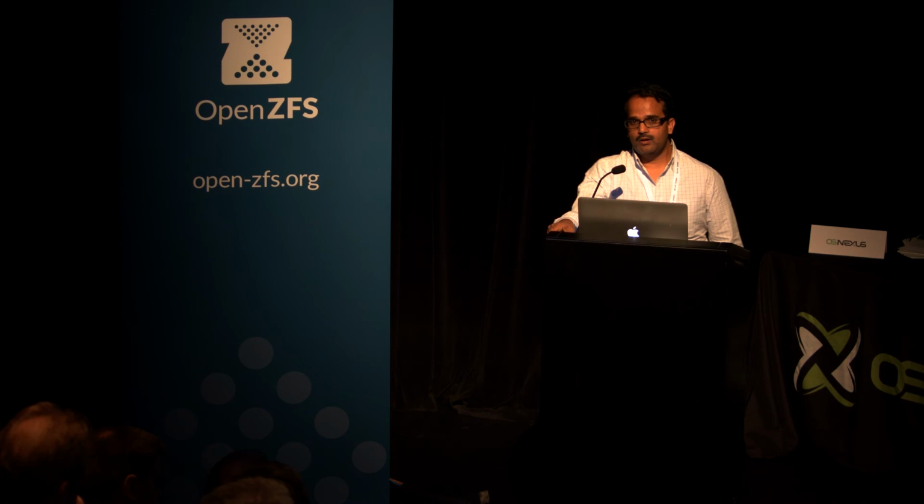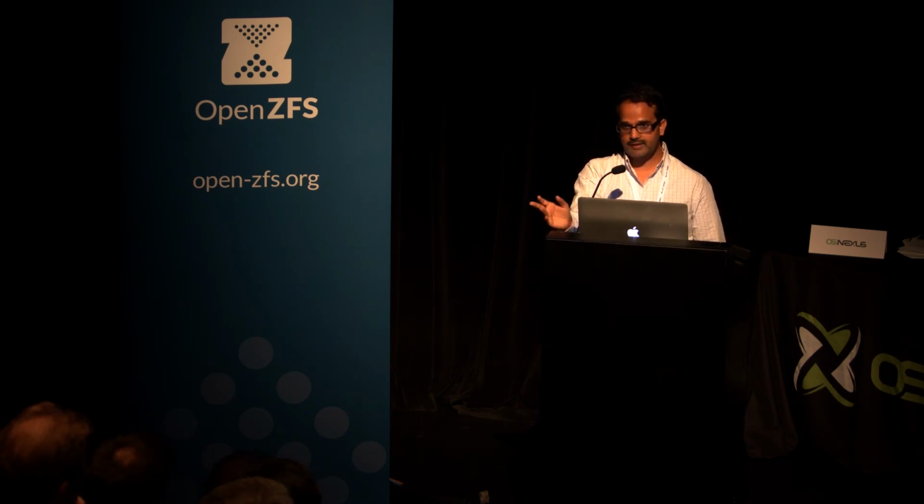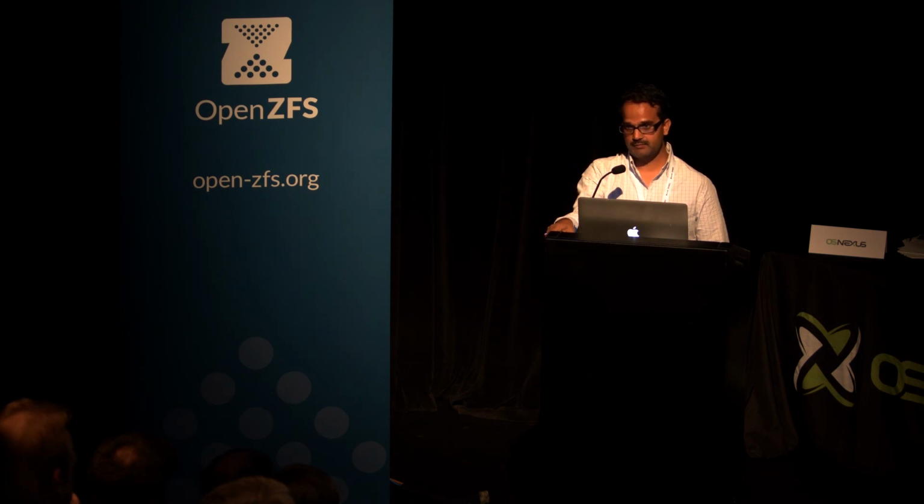So right now, if it is a hybrid system, we used to have a model where if the metadata class has a problem, we can spill it to the data class. But if it is a disk drive, it's a pathetic performance problem. So we have stopped doing that. Instead, we have addressed the problem, which is the metadata consumption. The biggest consumer of metadata in our use case is the DDT table.